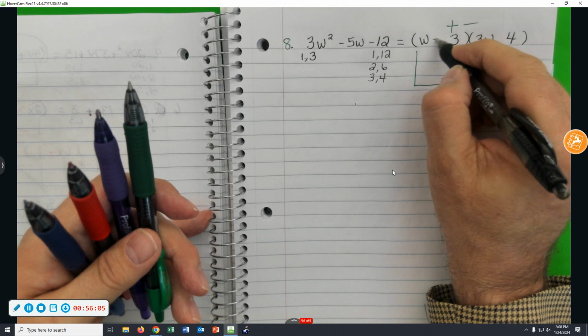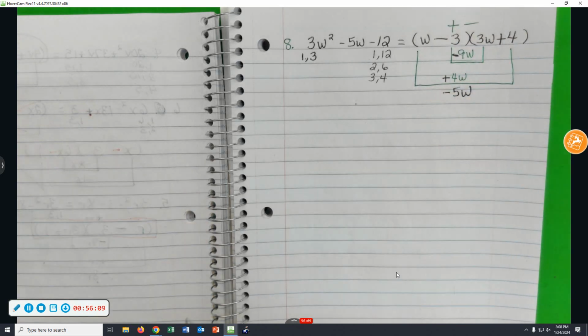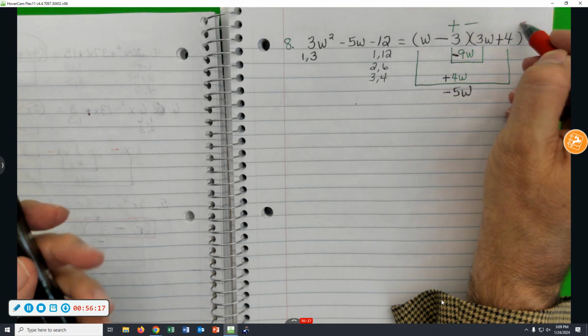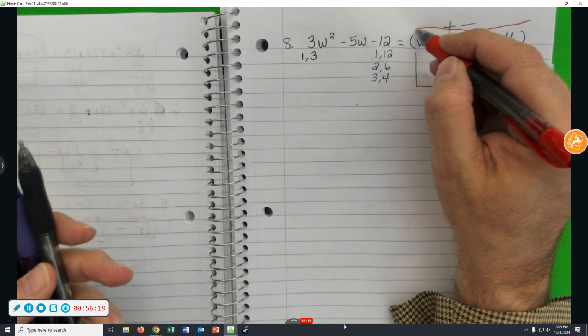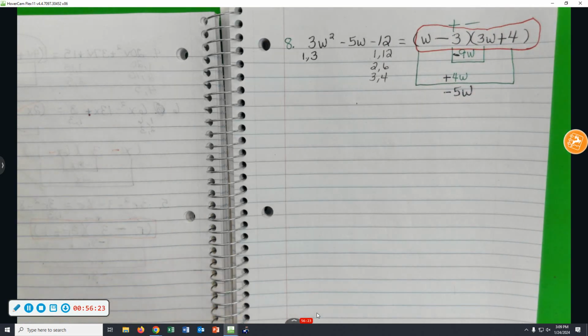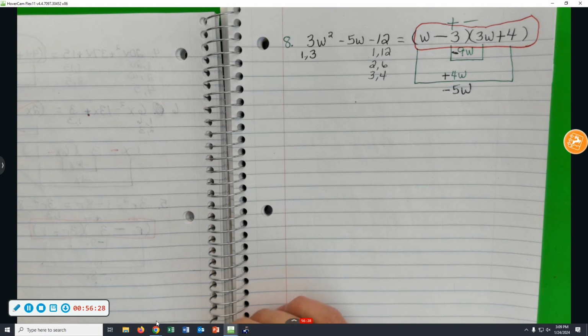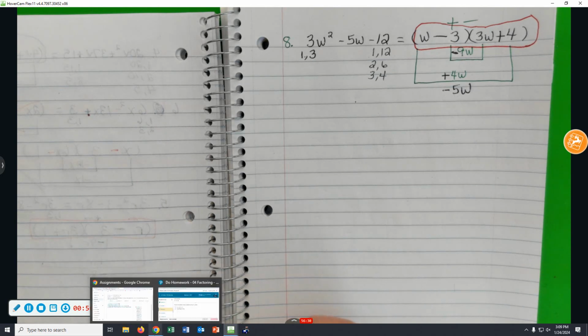A minus. And right here, plus. A lot of thought goes into this, even for the ones that you get right the first time and don't have to mark it out. There's still a lot of thought going in there. That's how you got it right the first time without having to cross it out and try something else. Any questions there?